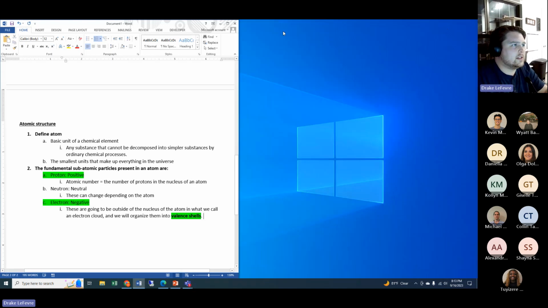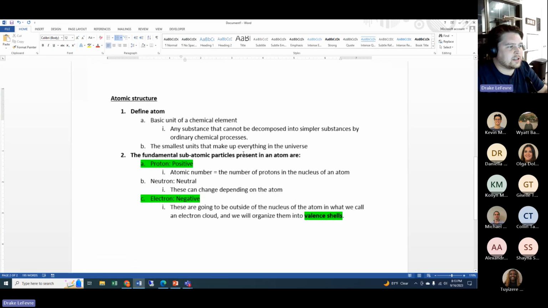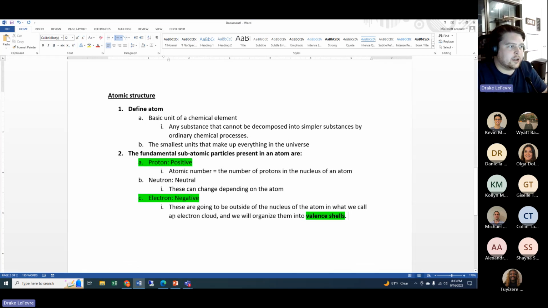In the whole scientific community, this is something that's actually still new, research is coming out on understanding this. So it's within the past couple of years that they have actually discovered that there aren't technically valence shells like we think they are. But for the level of chemistry that we need to learn here, we're going to go with valence shells.